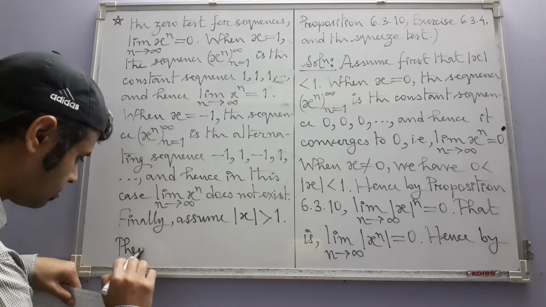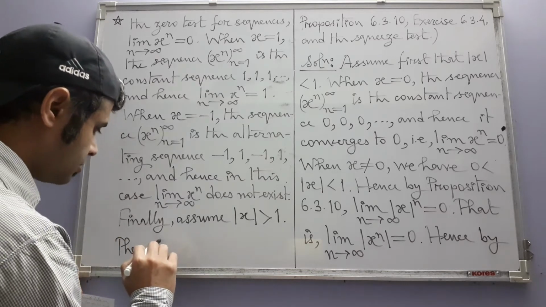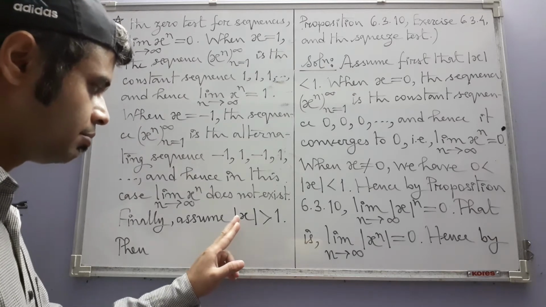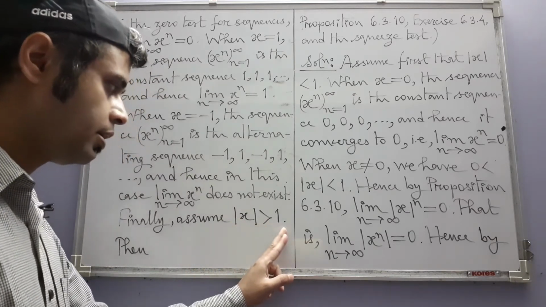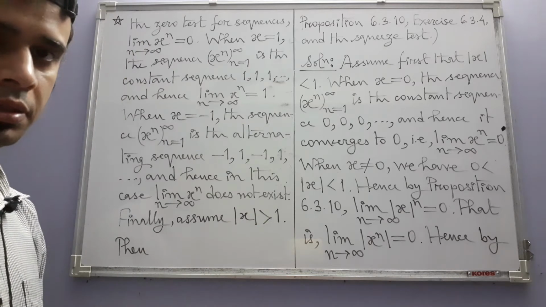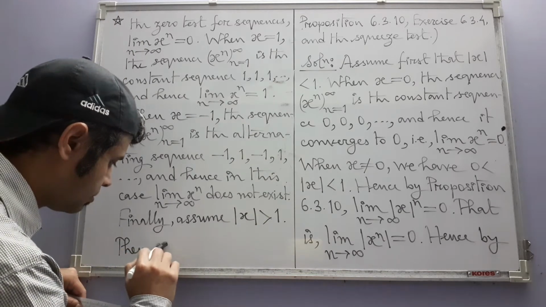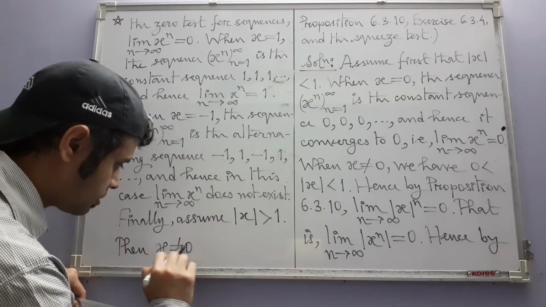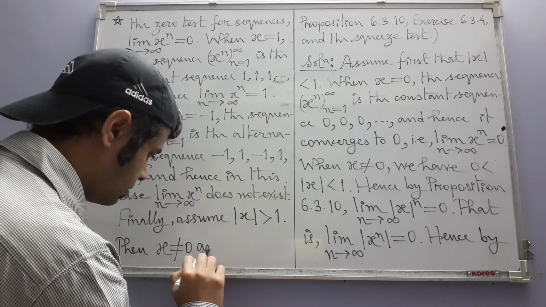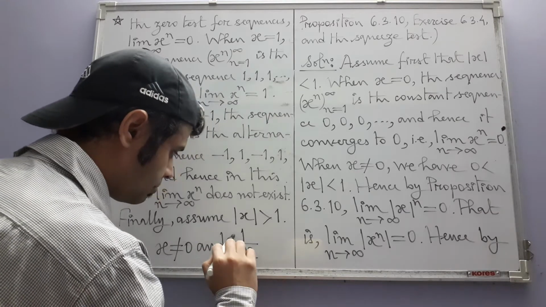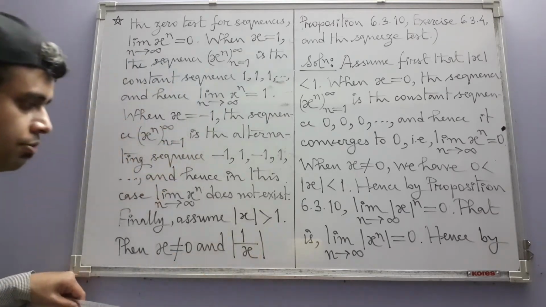Then note that because the absolute value is strictly greater than 1, x cannot be 0. Then x is not equal to 0, and what is the absolute value of 1 over x?